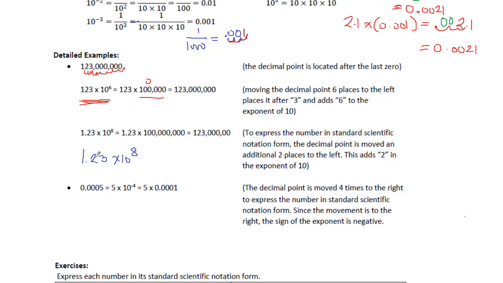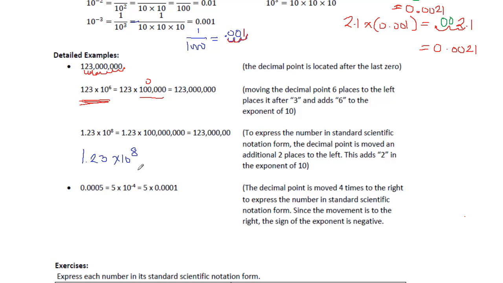It's somehow the reverse of going from scientific notation to the conventional way of writing numbers. Just recall that if you start in the conventional way of writing numbers and you move the decimal to the left, it means that your exponent must be a positive number. So just remember this.